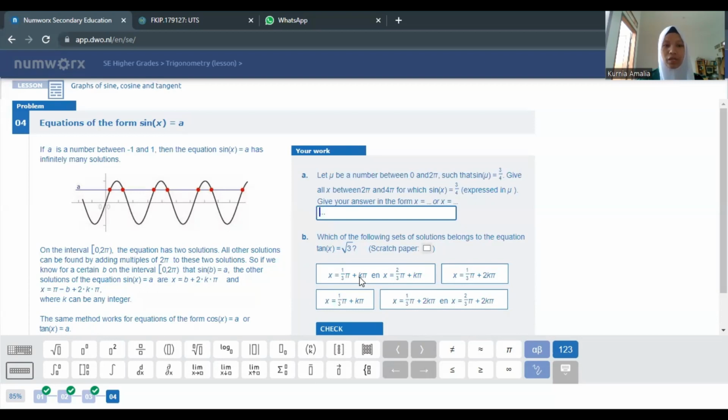If we have sin b equal to a constant, and then sin x equal to the same constant, we can say that x equals b plus 2 times a constant times pi, or x equals pi minus b plus 2 times a constant times pi.